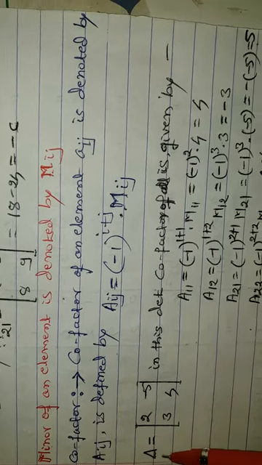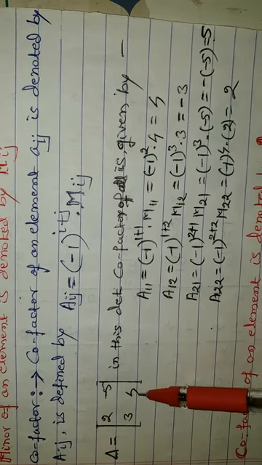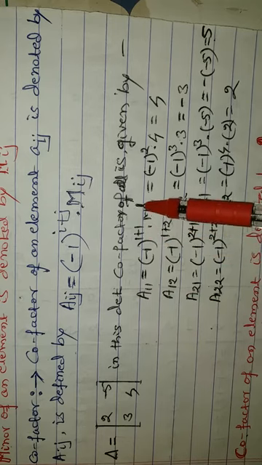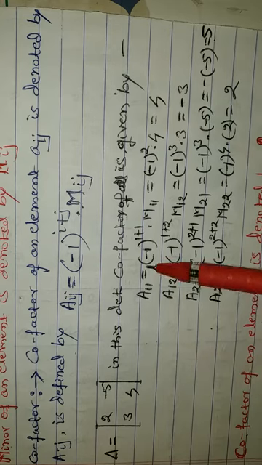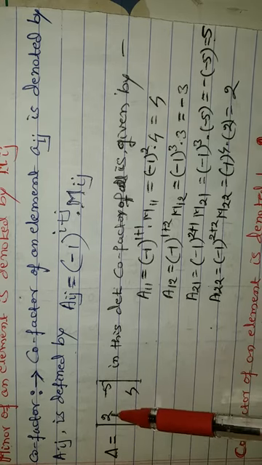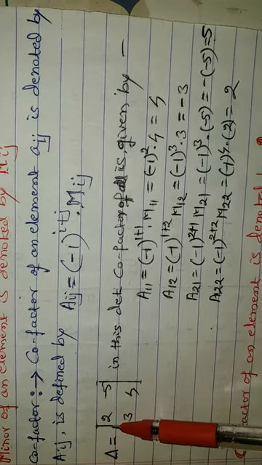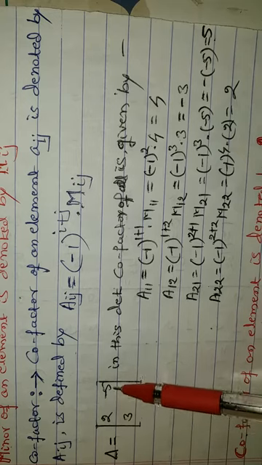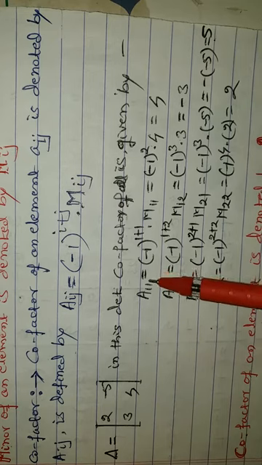Consider the example: delta equals 2, minus 5; 3, 4. In this determinant, the cofactor of all the elements is given by A11, A12, A21, A22, since it is a 2 by 2 order determinant.